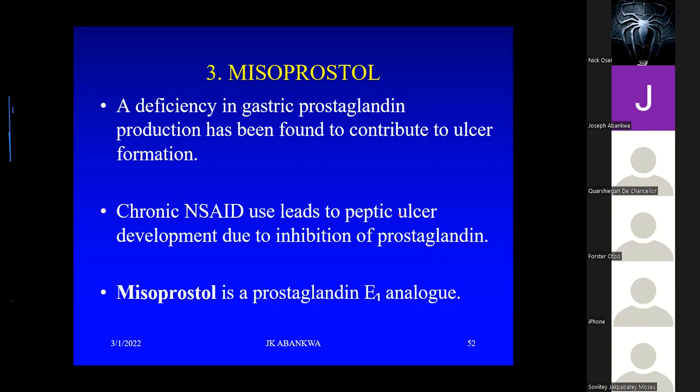You have low levels of that in your system. So to balance that effect, you have to supplement your system with misoprostol, a prostaglandin E1 analog.